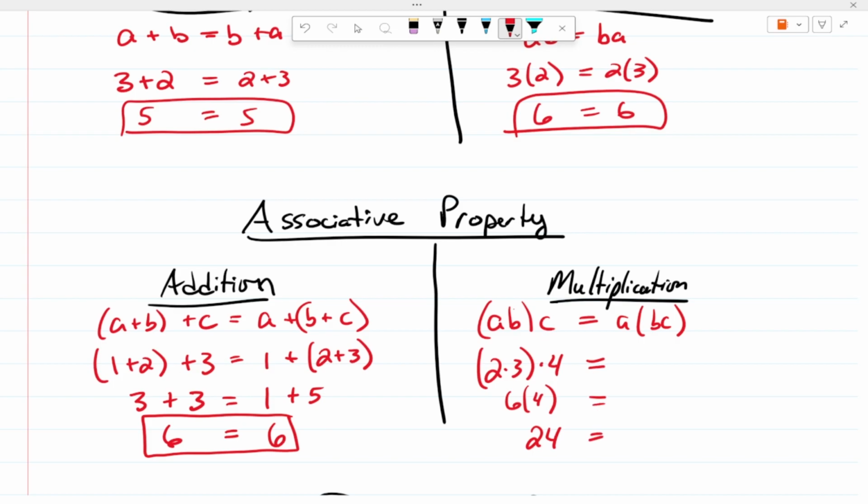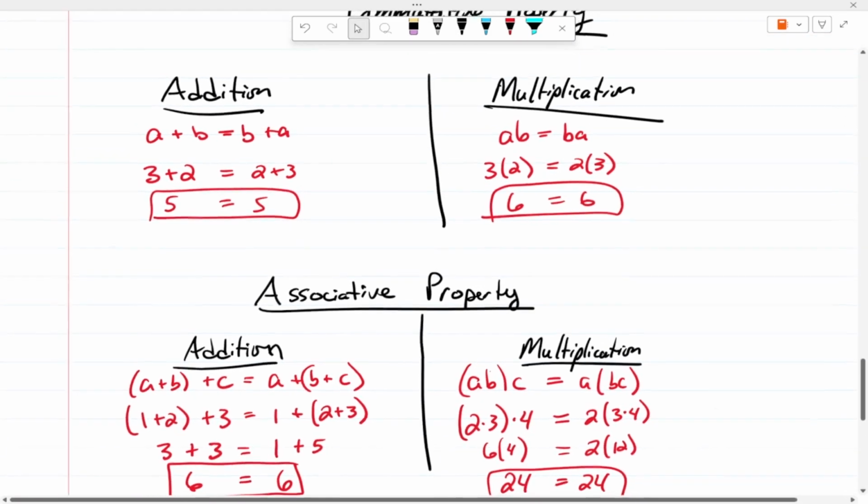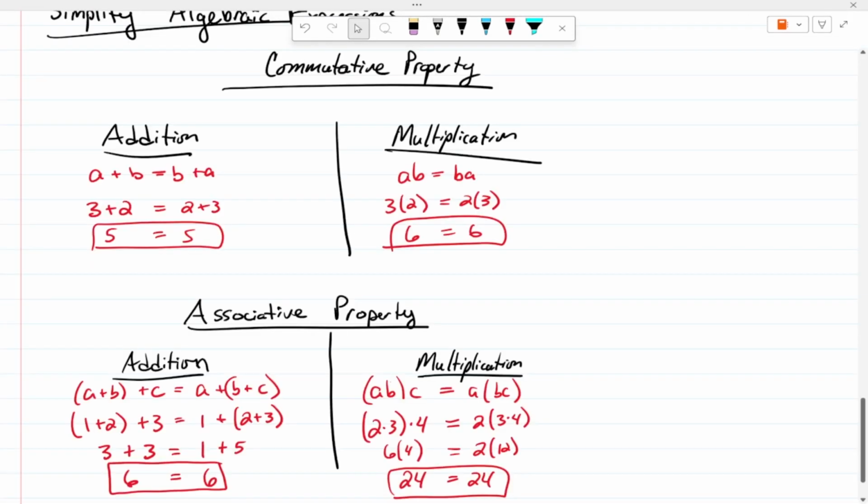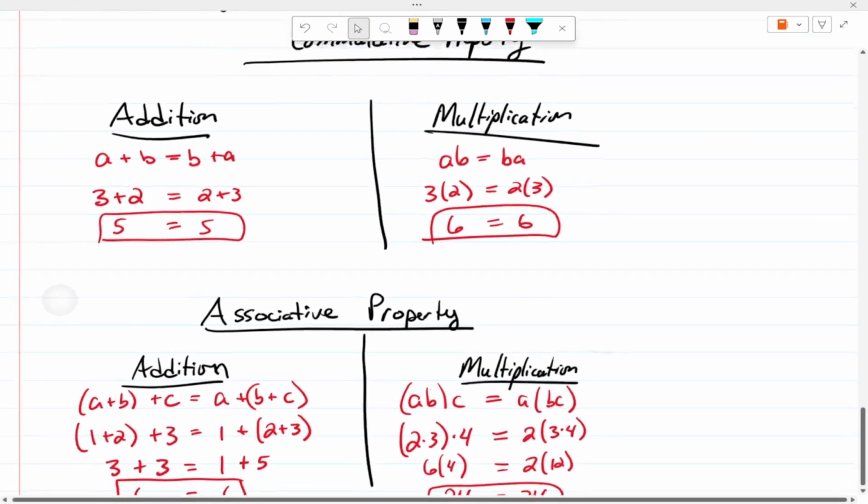Now if I look on the other side, I can multiply 3 times 4 first. Well, that's going to be 12. And then 2 times 12 is also 24. So there's the associative property of addition and multiplication. Now, before we move on to the last one, you will notice here, you do not see subtraction or division. That's because there are no properties for subtraction nor division. They only apply for addition and multiplication.